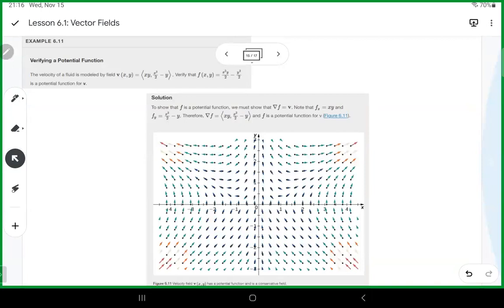To show that f is a potential, we must show that the gradient of f equals v. Note that f sub x is equal to xy, and f sub y is equal to x squared over 2 minus y. Therefore, you have the following, and it is a potential function.